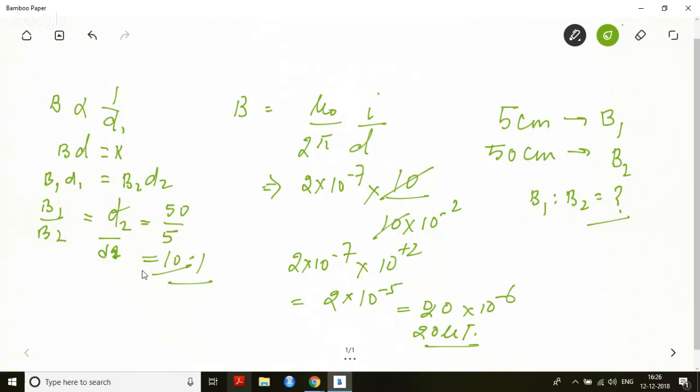Okay, Param is saying nothing else. Anyone else? Do you have any doubt?